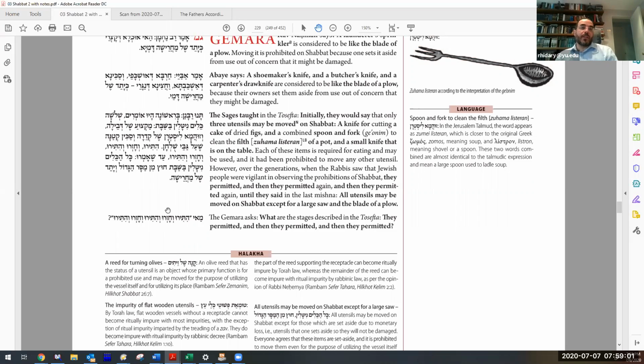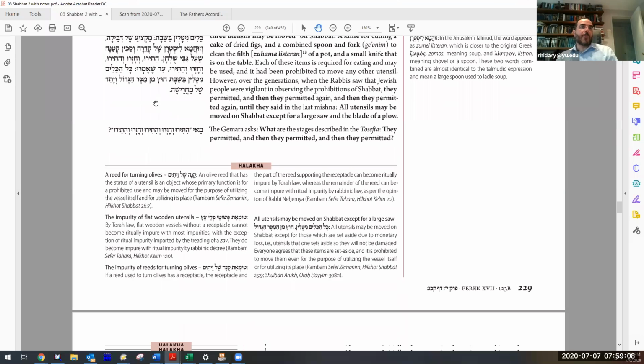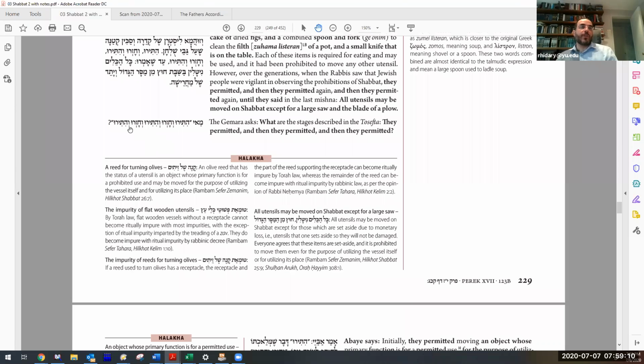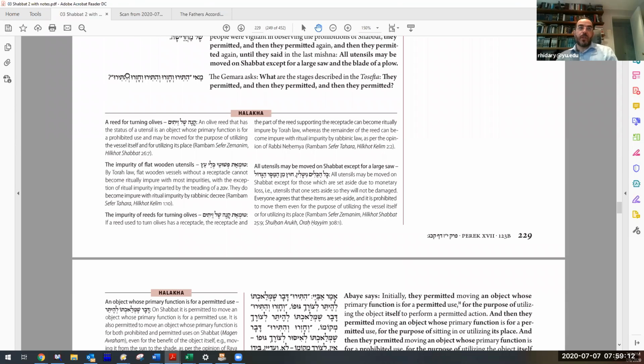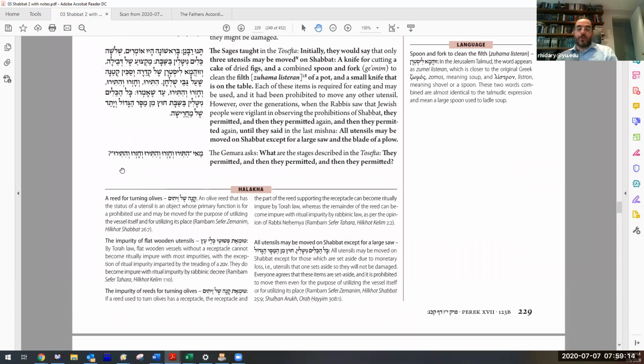Okay, now, but it's a little bit vague, so we're going to try to pin down exactly what happened at each of these stages. I'll tell you one reason why I think they're right, because we find in the Dead Sea Scrolls, it doesn't say the word mukseh, but does have a concept of various things that you cannot touch, like rocks and dirt, and over there it's considered deoraita chayav mita, right?